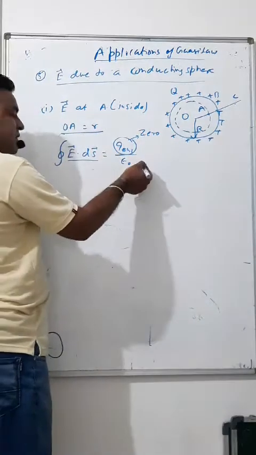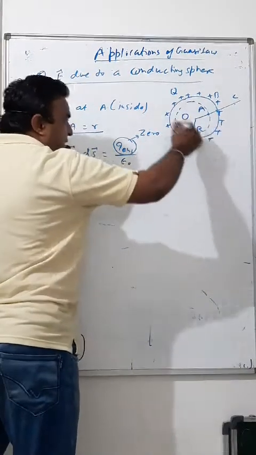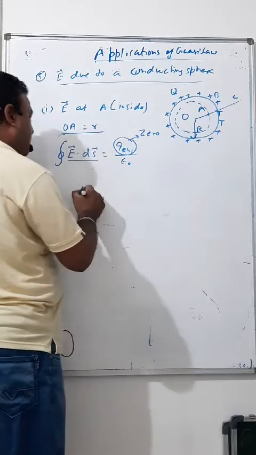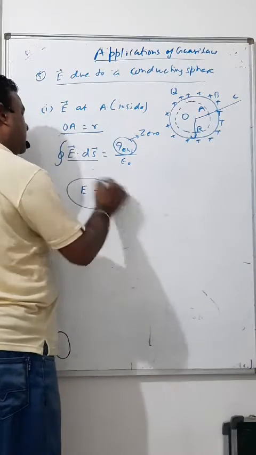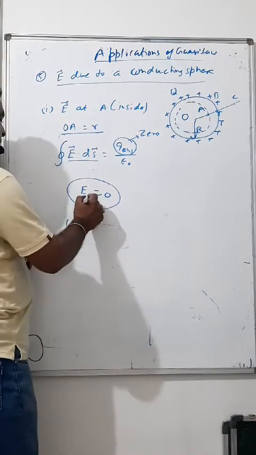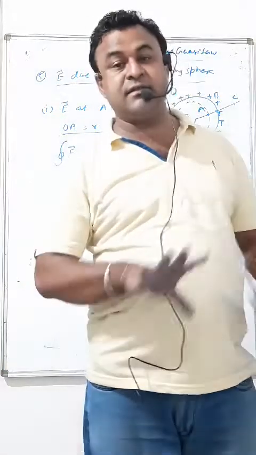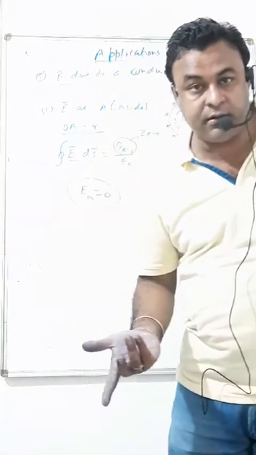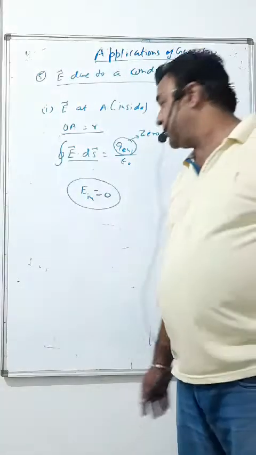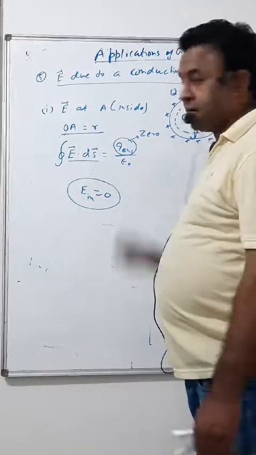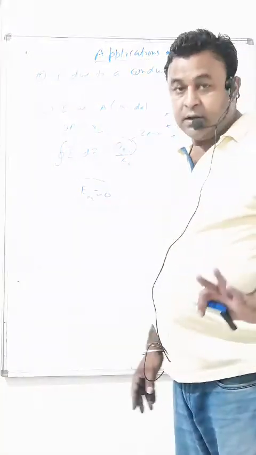So E dot ds is 0. However, ds area is not 0, so we must have E equal to 0. I should say E inside a metallic surface is 0. Keep in mind, it's a very simple statement: inside a metallic surface, electric field is 0.